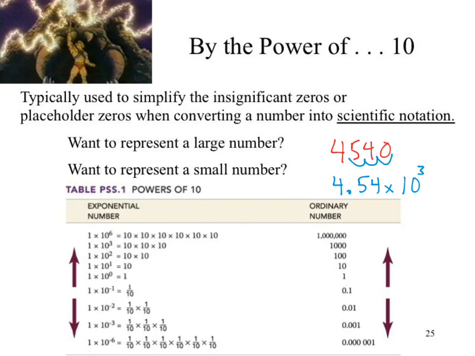The issue is three different homework systems, so I have to track it down. I think the issue with Mastering is it does not accept 4.4 x 10 to the 3rd with a typed letter x, but it will accept 4.4 times 10 to the 3rd. So if you use their multiplication symbol, it's okay.